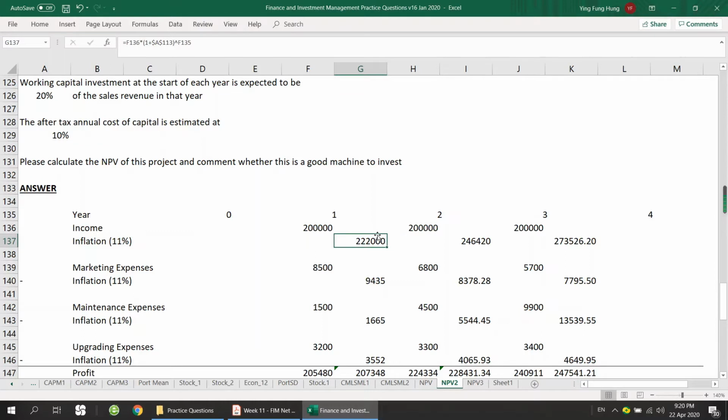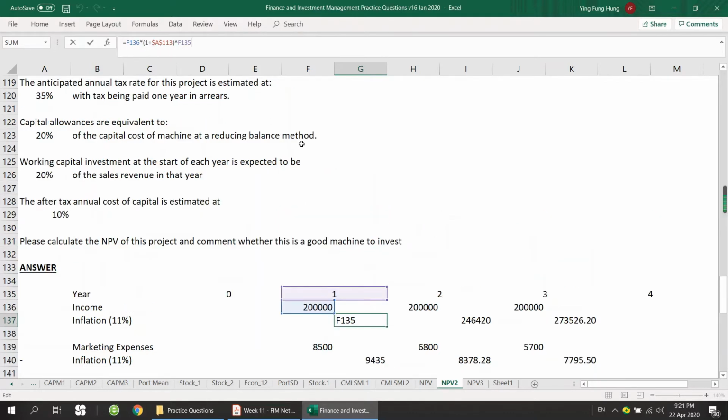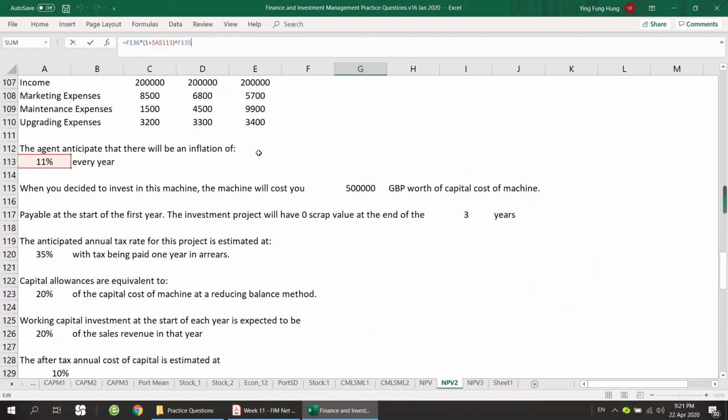In this case, the income for the first year after calculating the inflation is this 200,000, and we have to multiply this by 1 plus the inflation rate. In this case, the inflation rate is this 11% over here, which is in the cell A113.